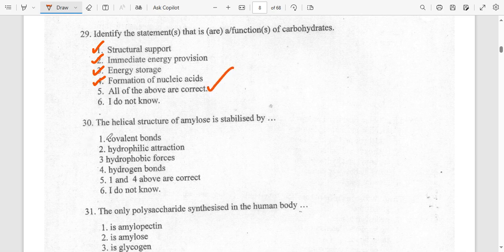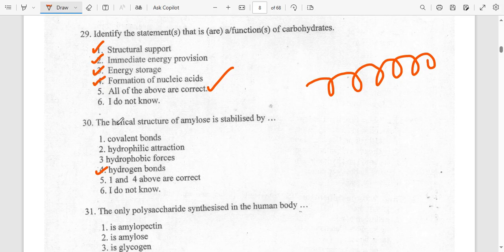The helical structure of amylose is stabilized by... amylose is like this. Okay, a helix, just something that turns about itself. So it's going to have hydrogen bonds.